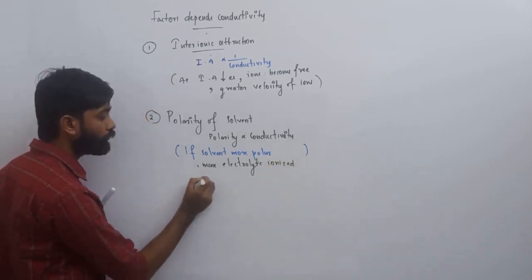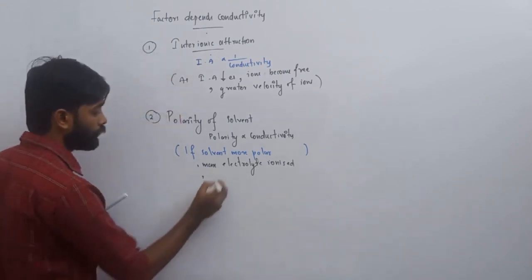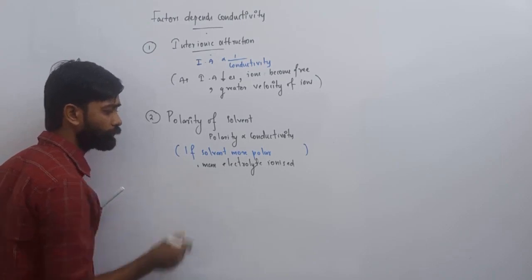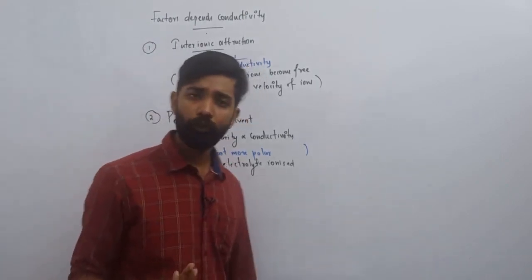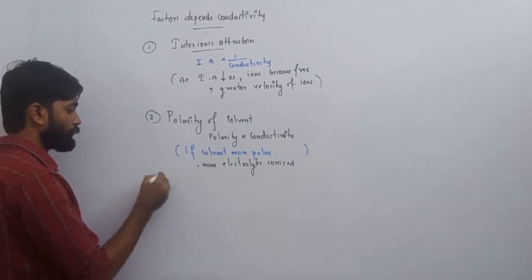If the ionization of the electrolyte is maximum, conductivity increases. More ions from more electrolyte ionized means conductivity increases.